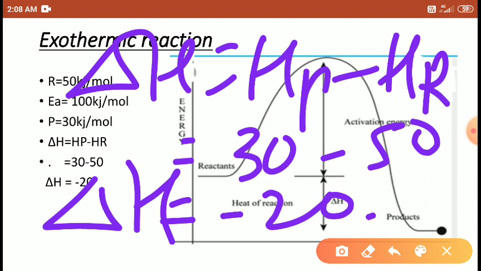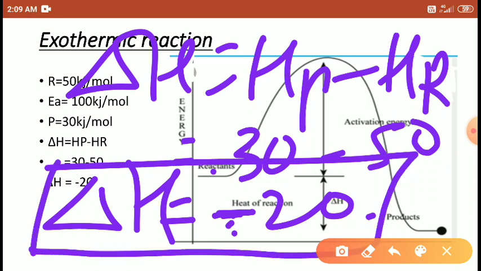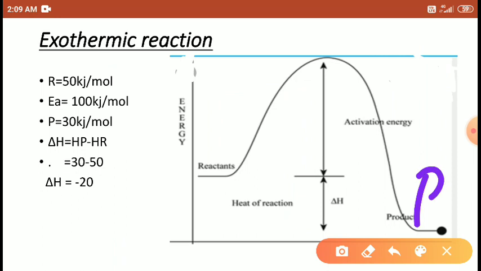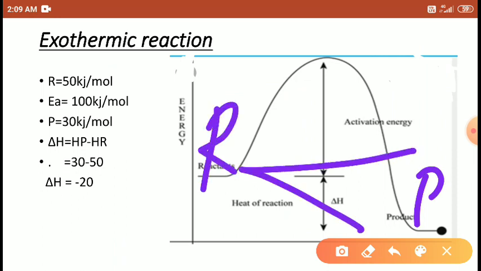Delta H negative means it is an exothermic reaction. Exothermic reaction means the product is releasing more energy than the reactant. So delta H negative means it is more stable. The product is more stable than the reactant because the product has less energy.